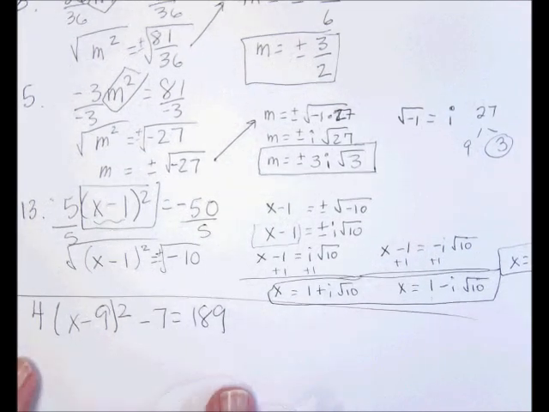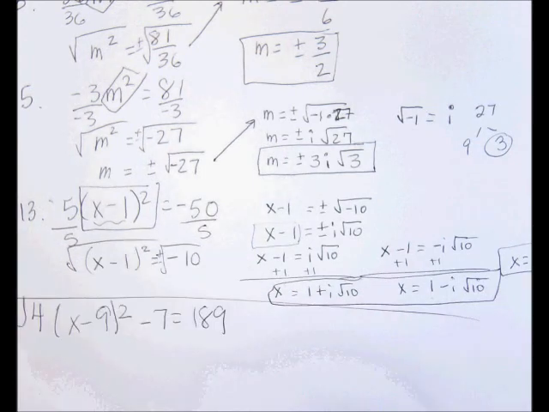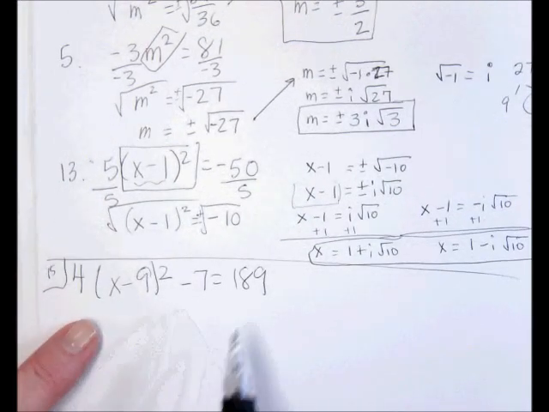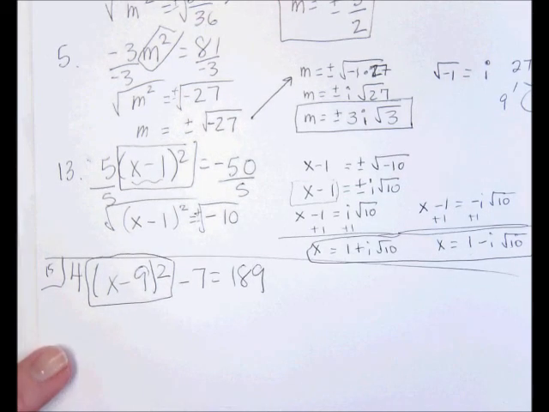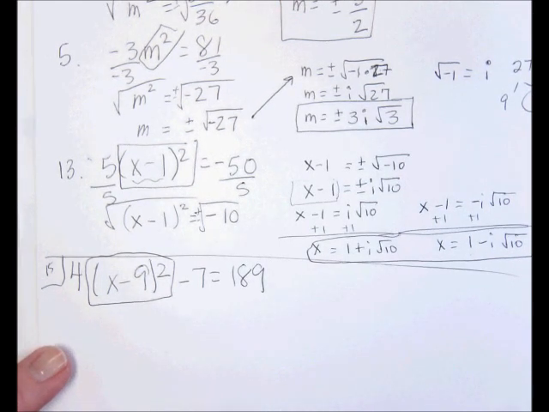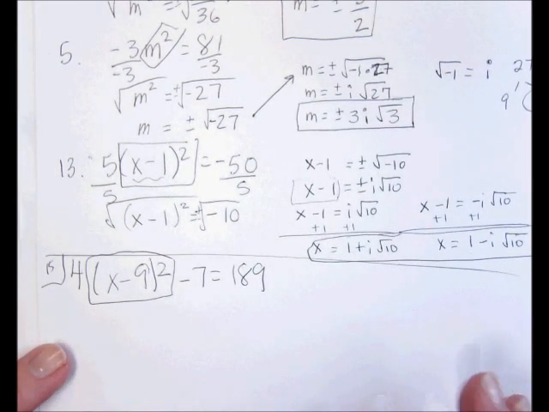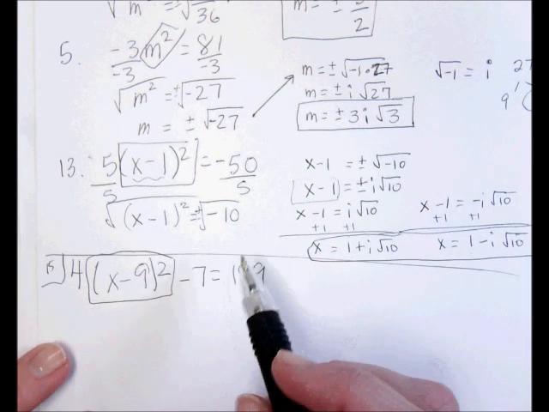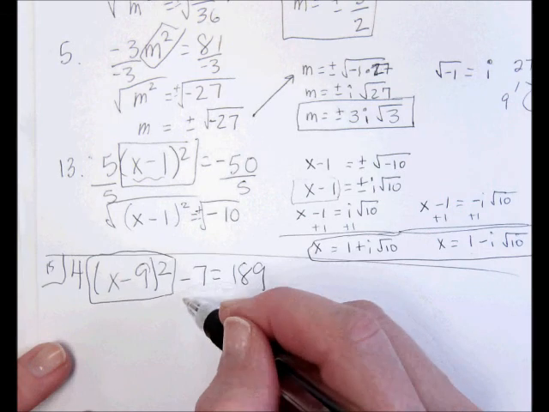The last one we did today in class, and we'll just call this number 15, and I might just have random numbers. So this is my quantity here, x minus 9 squared, that I want to isolate. And to do that, the first thing I need to do is the reverse order of operations, so reverse order of PEMDAS. So the reverse order would mean that I do addition and subtraction first.